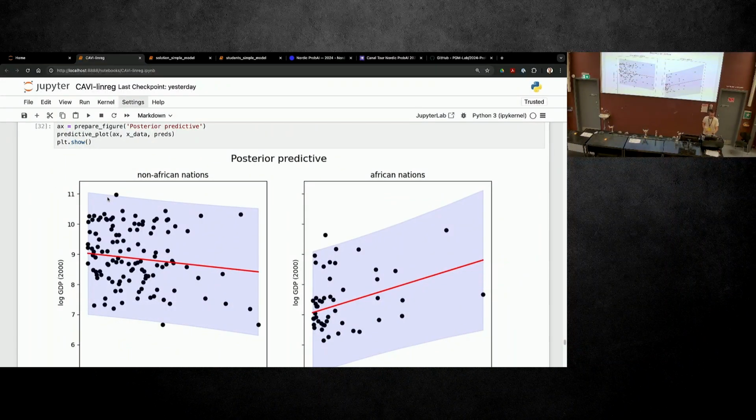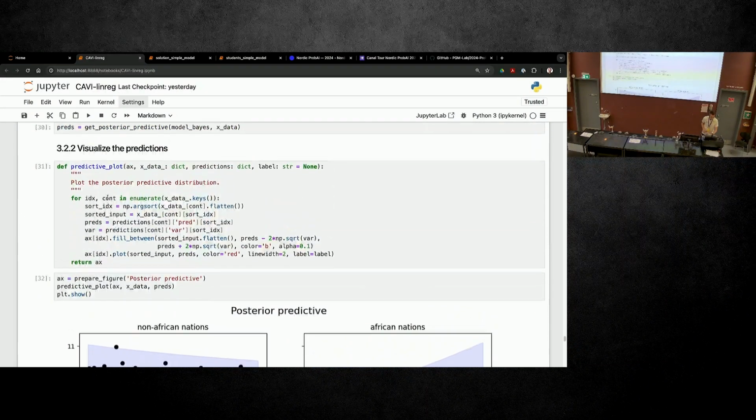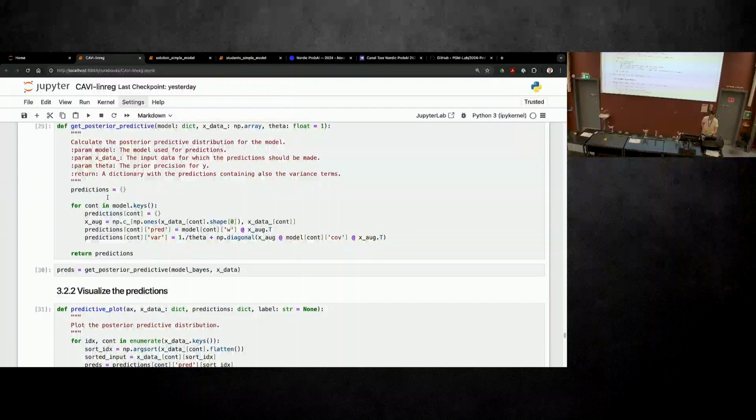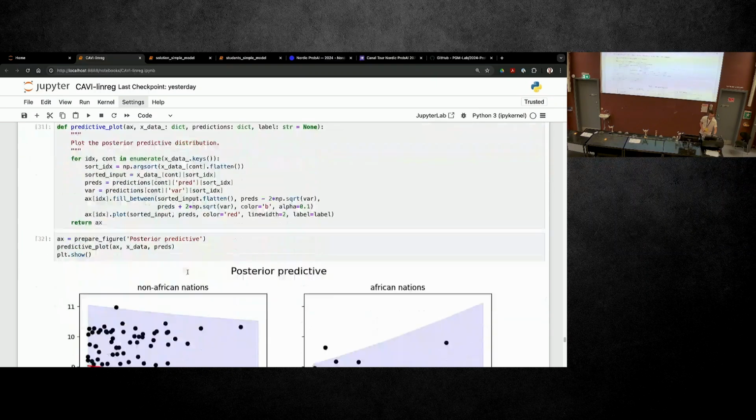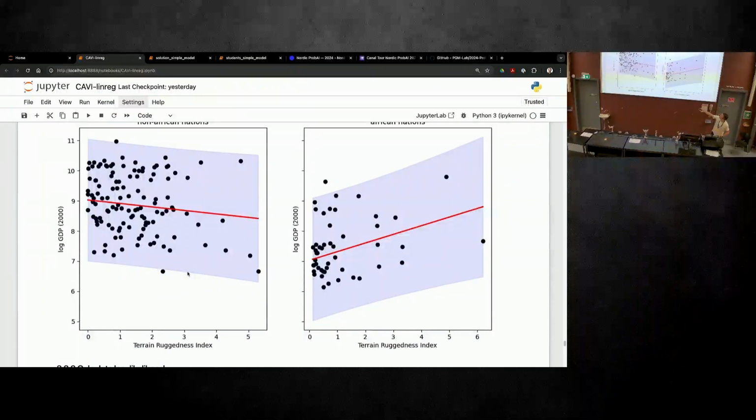So this here is the posterior predictive distribution for the base model. If you want to see it for the variational, you should just change the model here to model variational instead. But this is the expression of uncertainty that we have here.